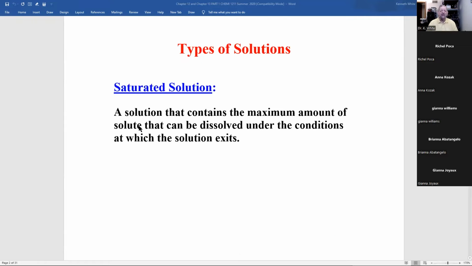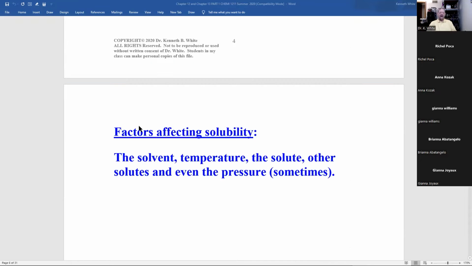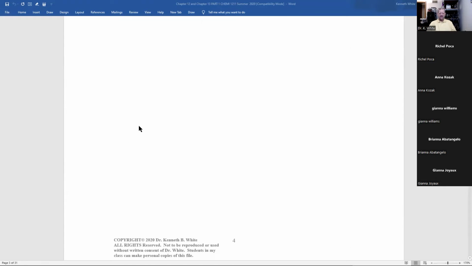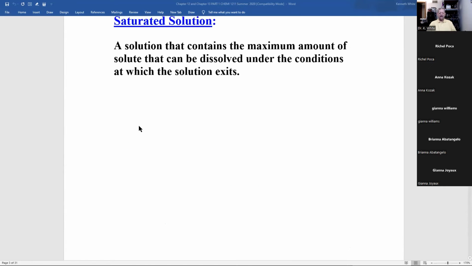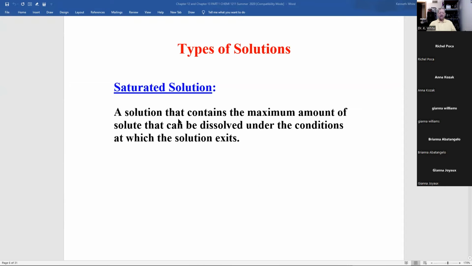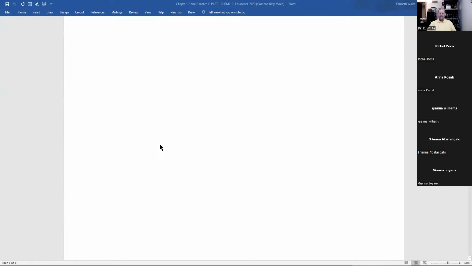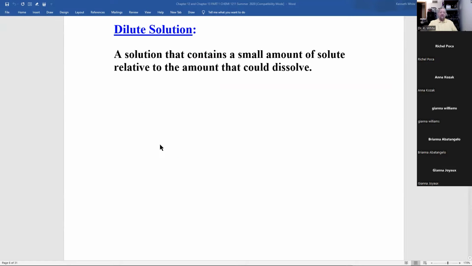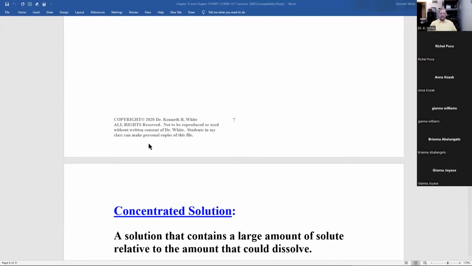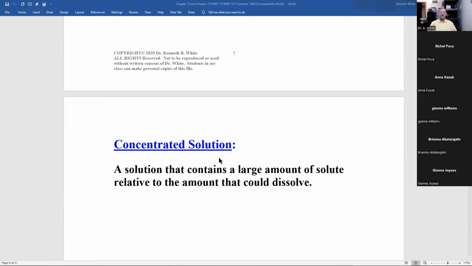And I talked about the different types of solutions. I also talked about solubility. And there's a saturated solution, which has the max amount of solute present. Dilute, very small amount. Remember, bartenders don't like saying, did you dilute this drink? They don't like that, even when it's true. Concentrated, there's a large amount of solute present.